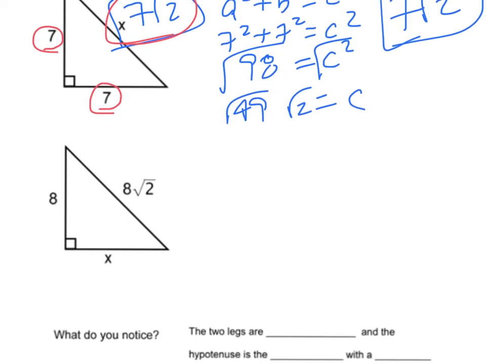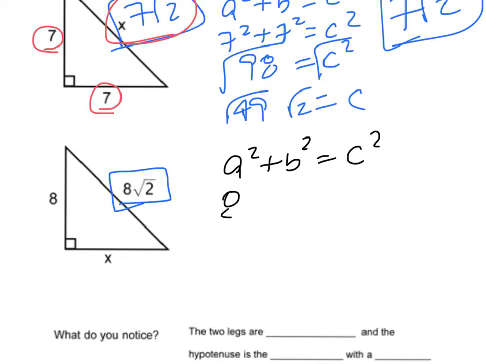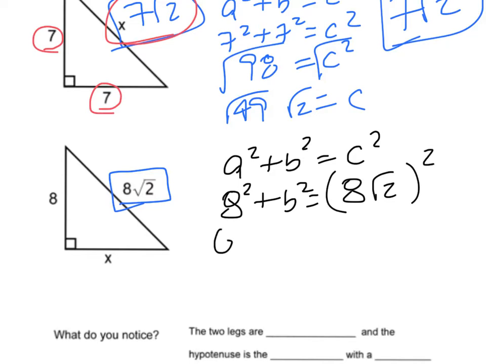Okay. Now in the bottom one, this one's a little more difficult because we have this 8 root 2. And the 8 root 2 has to go in the C spot for the Pythagorean theorem. So it's going to be 8 squared plus b squared equals 8 root 2 squared. This gives me 64 plus b squared equals, now be careful here, 8 root 2 times 8 root 2. 8 times 8 is 64, root 2 times root 2 is plain 2, 64 times 2, 128.